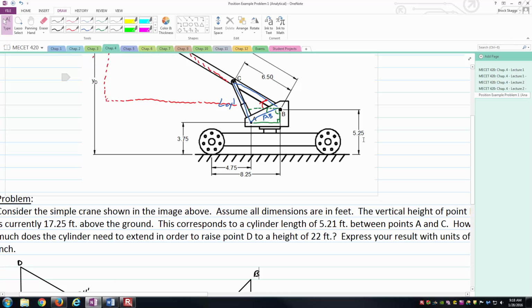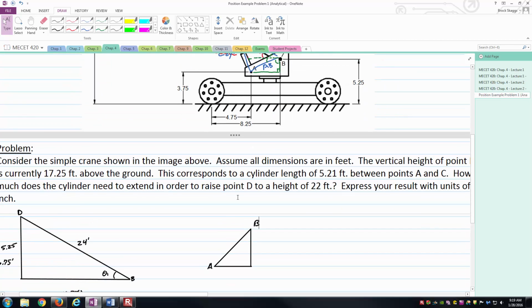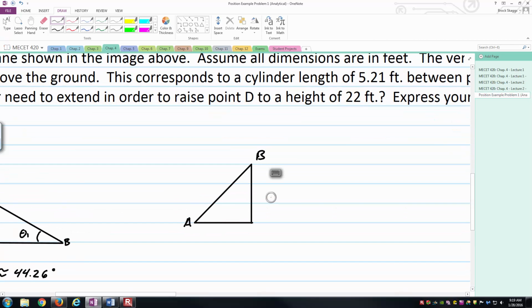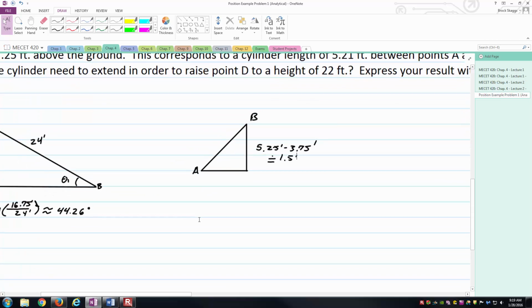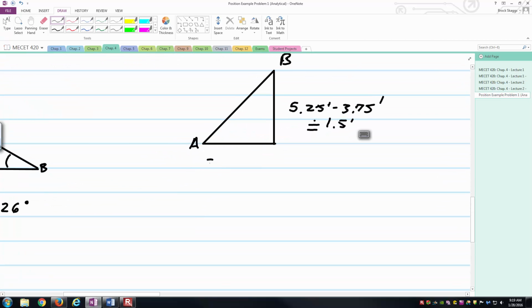So the vertical leg here, it'll be the 5.25 feet minus 3.75 feet from the drawing there. So 5.25 feet minus 3.75 feet here. I believe that's 1.5 feet for that. And the horizontal leg, 8.25 minus 4.75. So 8.25 feet minus 4.75 feet.